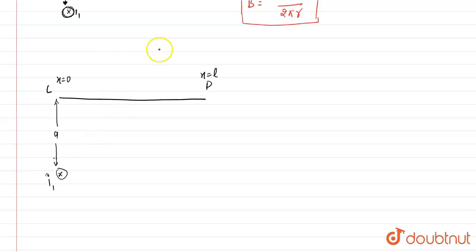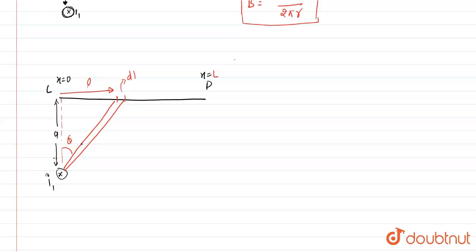Let's assume that is the element which has length dl, at a distance l, where the total length is capital L. The distance of the element from the wire is r, and it makes angle phi with the reference line.